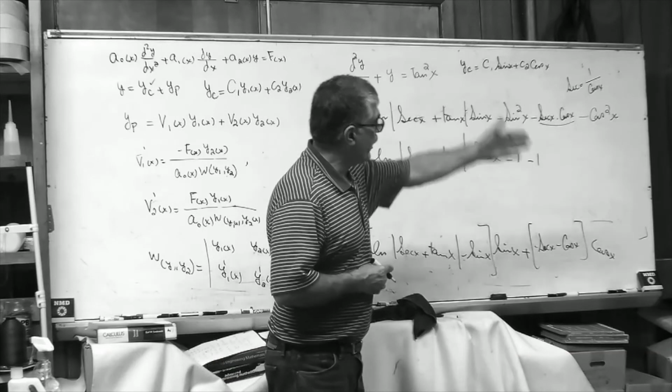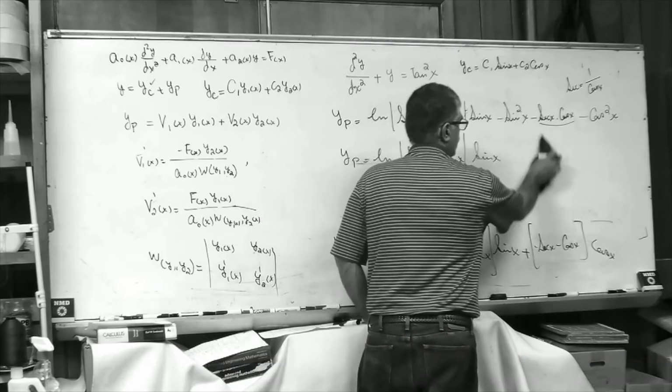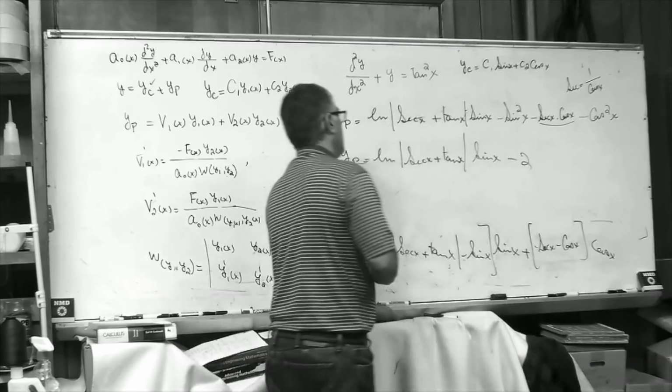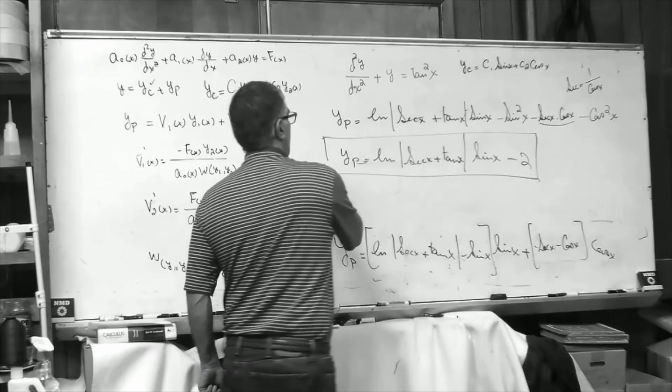So minus 1 and minus 1 will be minus 2. So this is the value for our yp.